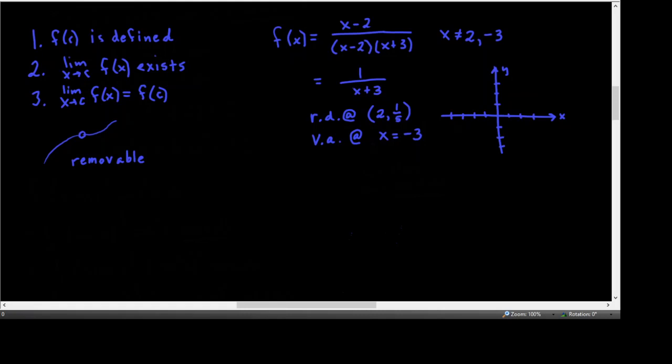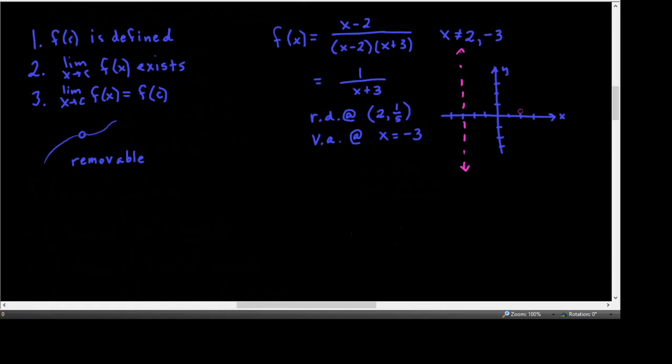All right, so the vertical asymptote is at x equals -3. The removable discontinuity is at 2, 1/5. And of course, this great big open circle I'm drawing is huge compared to the size of the actual point, but that's the best we can do. And otherwise, the graph looks like this.